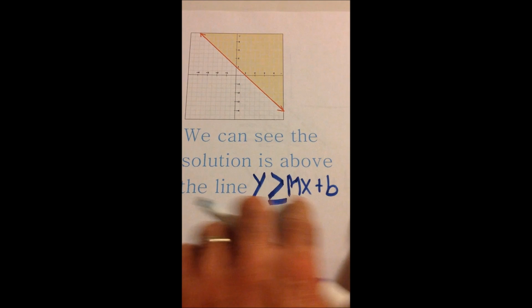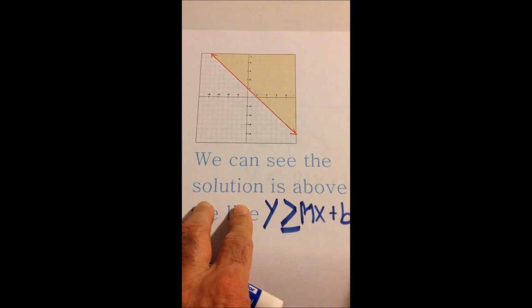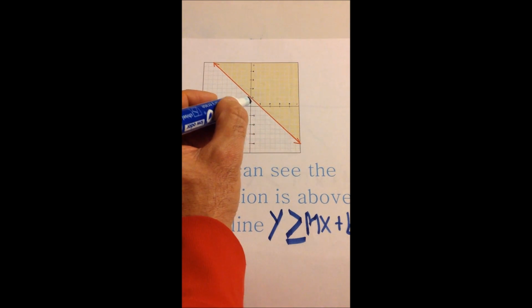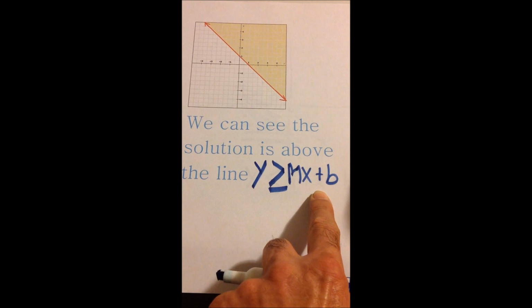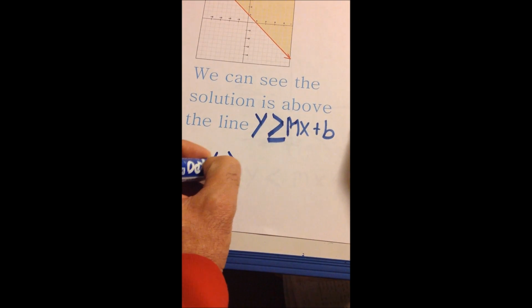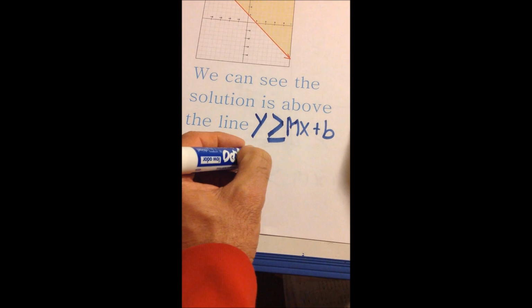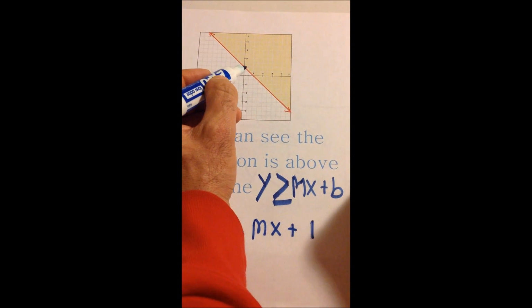Now we're trying to find what m and b are. Let's look at the graph here. You can see it's right on the 1, so we know what b is already. So here we'll write it up: y is greater than or equal to mx plus 1, because it's on the 1. Let's look at it again. Right there, it's on the 1.